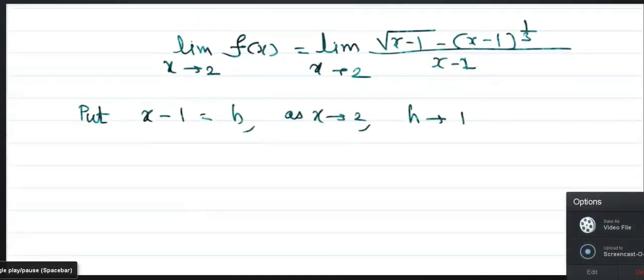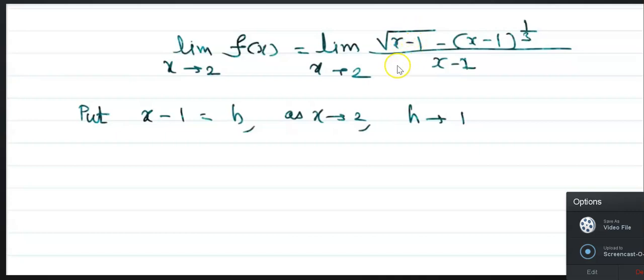Now here we will substitute, that is, put x minus 1 is equal to h. Every time we substitute like this, whatever the limit tends to, we generally take that same number here, that is x is equal to h plus 2. But in this case, we cannot take that, because we want to replace this thing, that is square root of x minus 1.